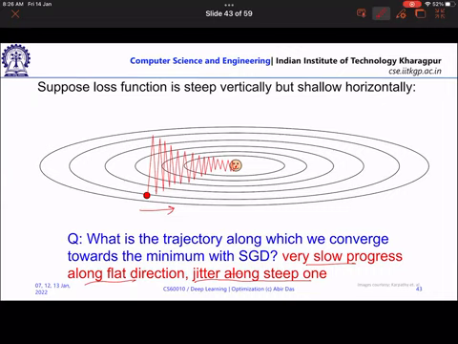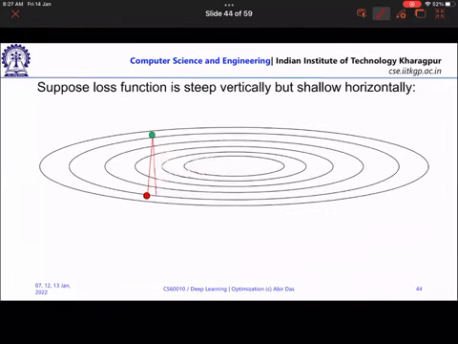So in one direction it will be slow, and in one direction it will be very fast, right? So it will be jittery. That's the thing, and we are not going to get this. So let us see how we can get this sort of near-ideal path of convergence.